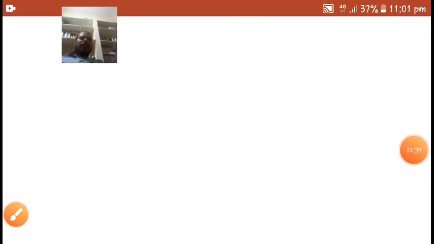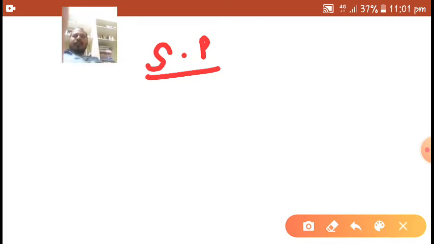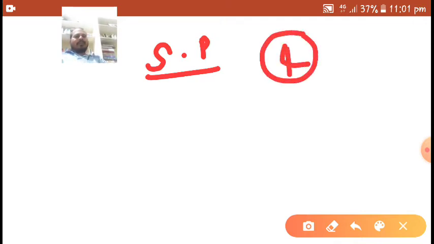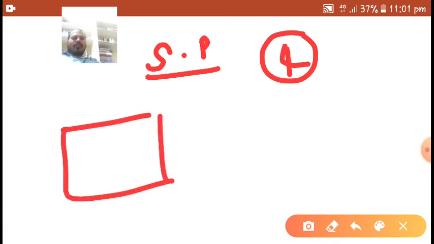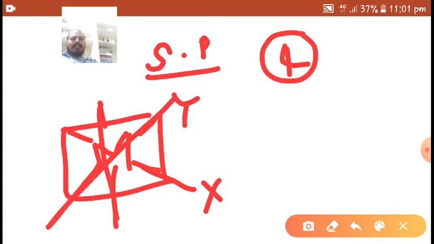So, now coming to the d orbital splitting in square planar complexes. If you observe square planar complexes, the coordination number is 4, so there should be 4 ligands. M indicates the metal ion, with the X, Y and Z axes.